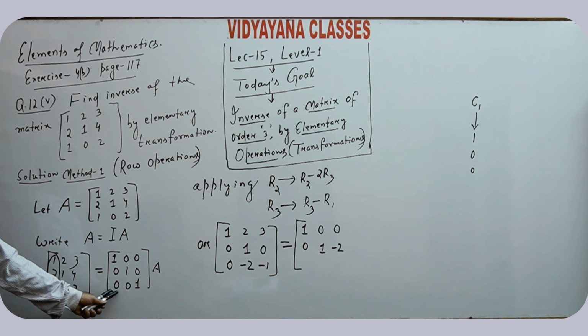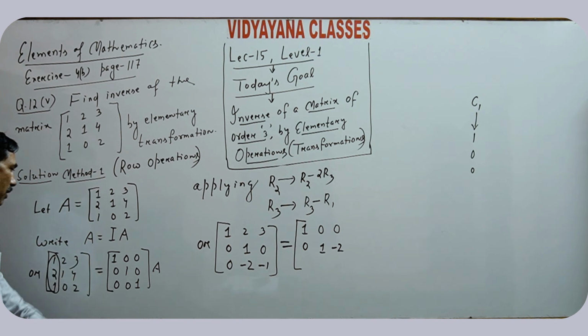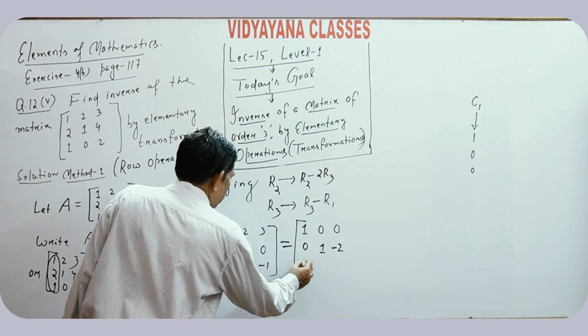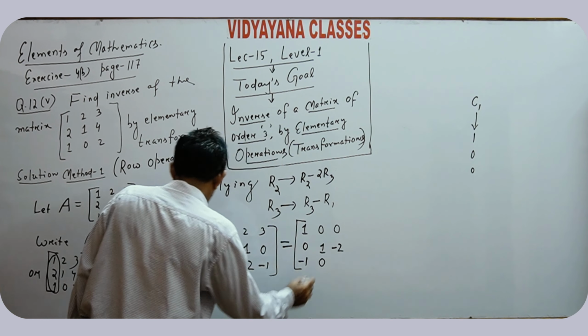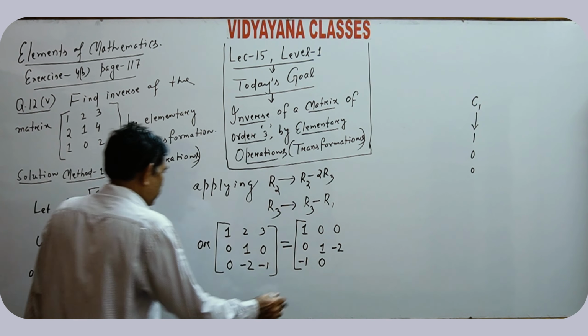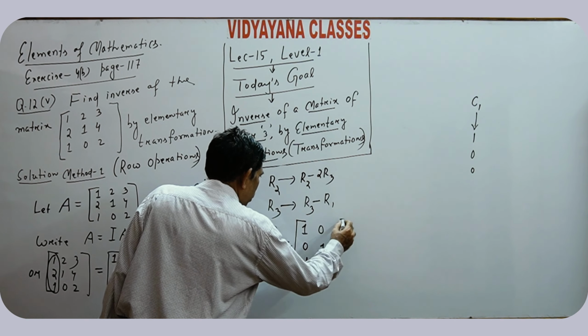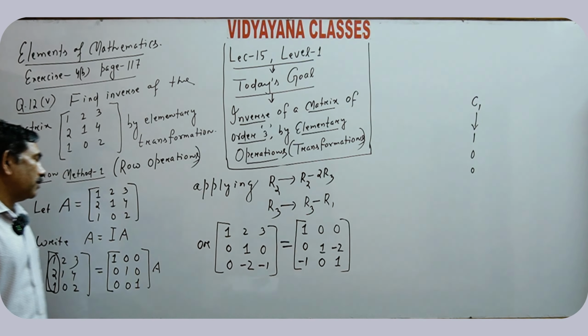Row 3 replaced by row 3 minus row 1. 0 minus 1 is equal to minus 1. 0 minus 0 is equal to 0. 1 minus 0 is equal to 1. Clear?